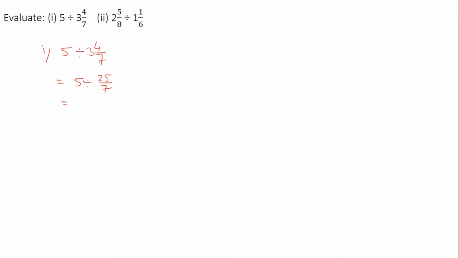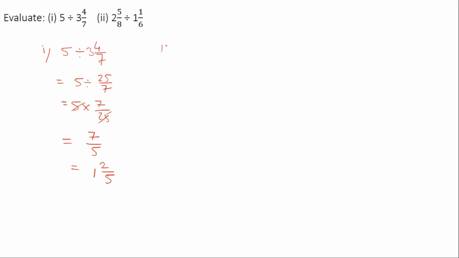Now we will convert this division symbol to multiply. So when we do that, this one will get reversed, that means it will be 7 by 25, or it will be 7 by 5. Now if you want, you can change it into a mixed fraction, or you can write 1 whole 2 by 5.